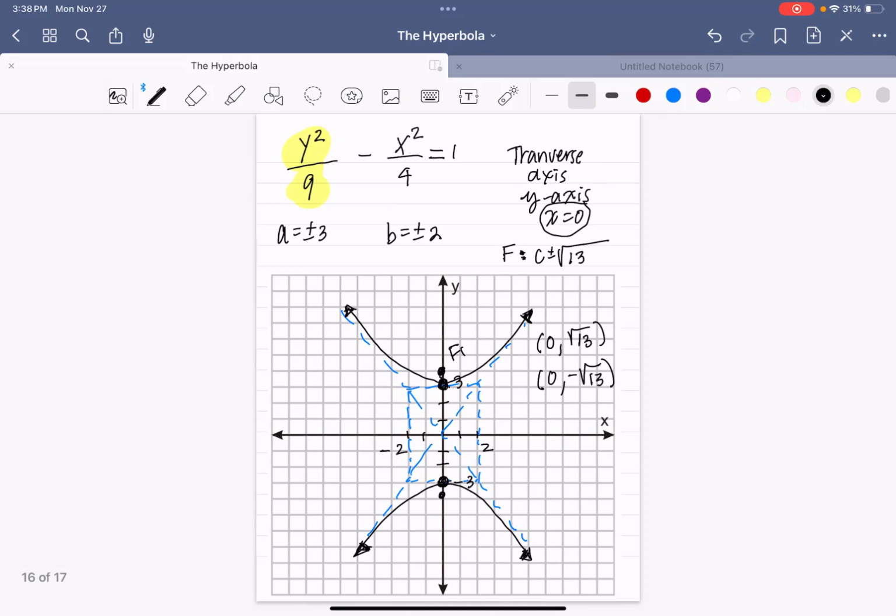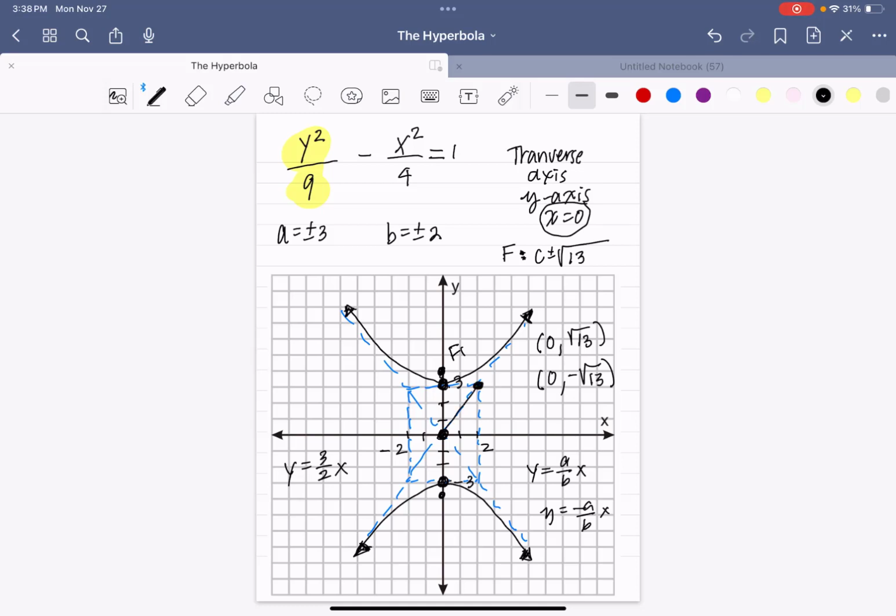Now, if y squared is positive, it's y equals a over b times x, and y equals negative a over b times x. So look, we've got 3 over 2, so y equals 3 over 2 times x. If I start at the center and go up 3 and to the right 2, I'm in the corner of that box.